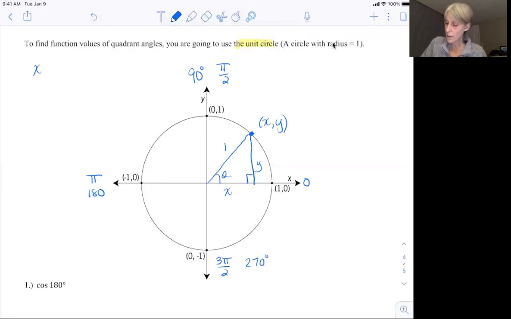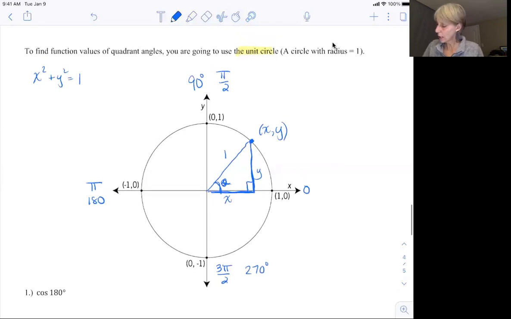Well, x squared plus y squared equals 1. If you see here, the sine of theta is what? Sine of theta is y over 1, opposite over hypotenuse. So the sine of theta is the y value of a point on the unit circle.